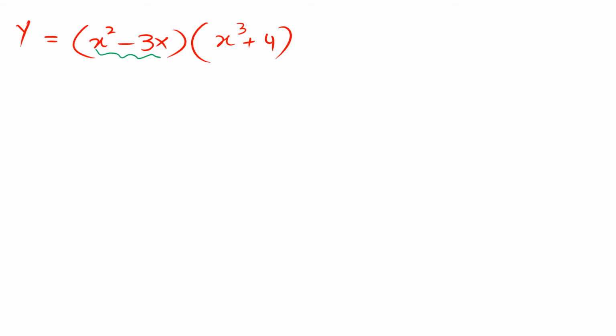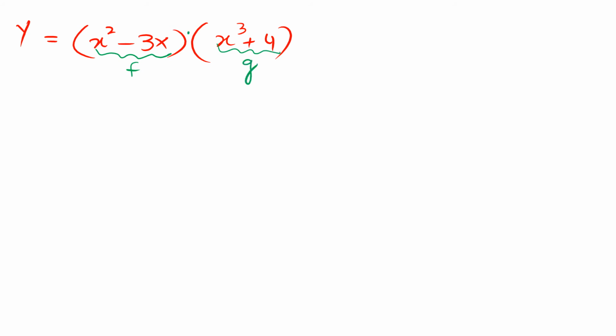Let's solve one more question containing the same concept, that is x squared minus, for example, 3x, and here you have x cube plus 4. So again, the two functions are multiplying with each other. So this is your f and this function is your g.